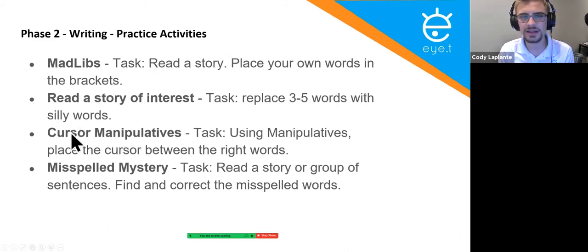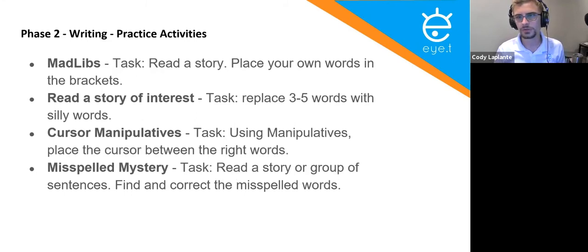Cursor manipulatives. I've done this so many times with wikki stix. The task is, using manipulatives, place the cursor between the right words. So really what I would recommend is you have a sentence written in Braille, you cut up all the little words, and just for placement, I usually put them on Velcro on a felt board. And then you have a little piece of wikki stix, right?